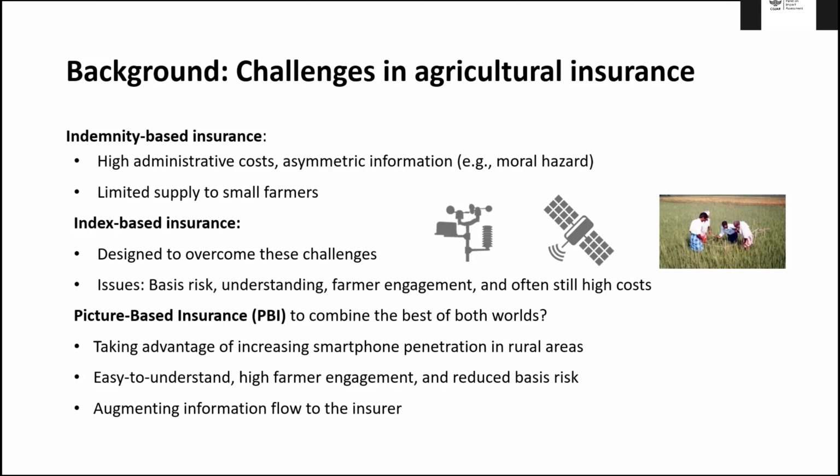And finally, even with these index-based insurance products, there's often still very high costs involved on the administrative side. So although this was for a while seen as a magic bullet in terms of de-risking agriculture, over time we have come to really realize that there's still a lot of challenges with these products.